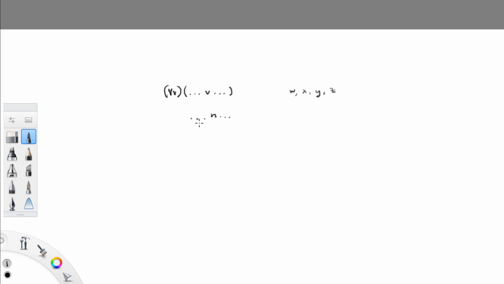So this notation here on the second line is going to be the exact same as the generalization, but with a few differences. Number one, the quantifier is not on the second line. You'll notice that the parentheses have also been dropped. And you'll notice that instead of a v, we have an n here. And the n just stands for any name.